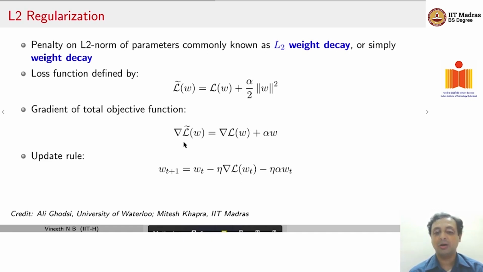Eta was a common term for grad L tilde and hence goes into each of these terms. That's going to be your new gradient descent rule for your regularized loss function.